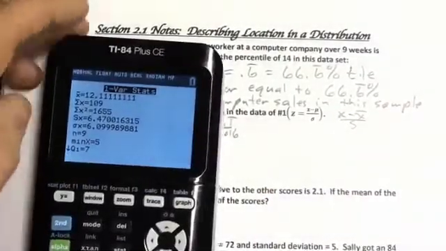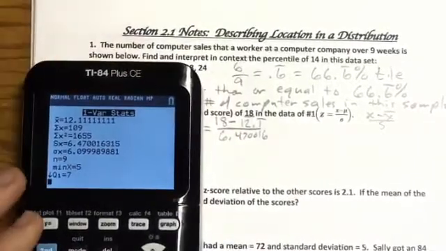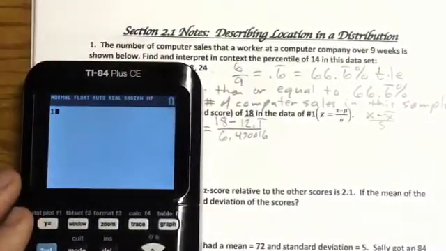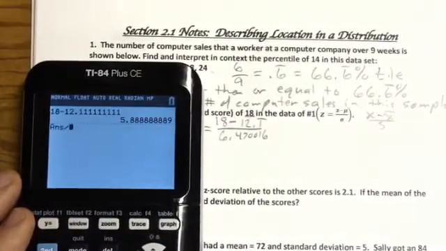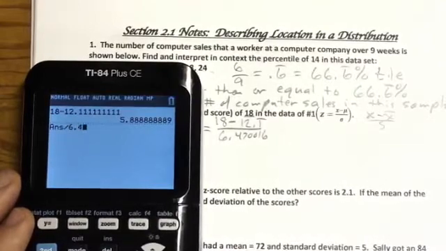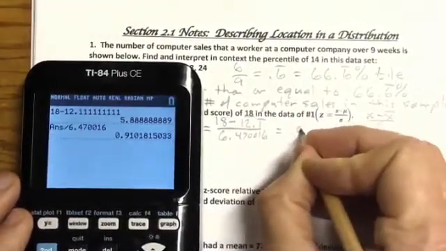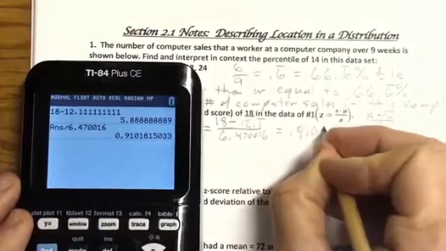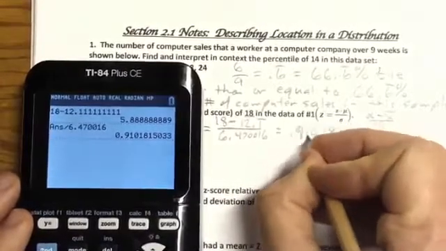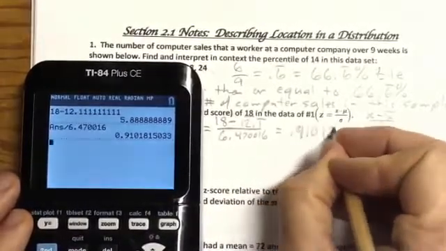So we shall say 18 minus 12.111111 and then divided by 6.470016. And so we would get 0.91018. Use at least 3 or 4 significant digits. And so there we go.